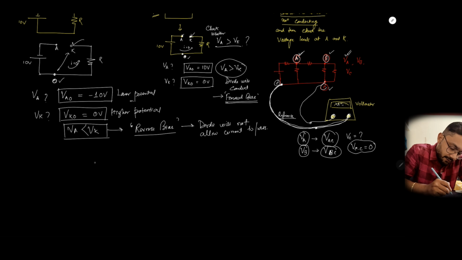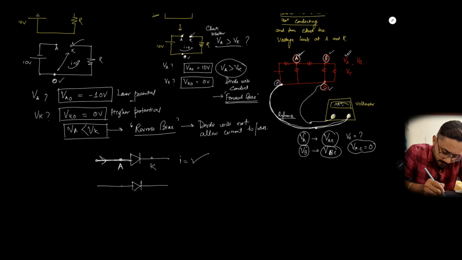So in summary, we can tell that suppose we have a diode, and if the current tries to enter through the anode terminal, then the diode will allow the current to pass, and if the current tries to enter through the cathode terminal, then the current will be blocked by the diode.